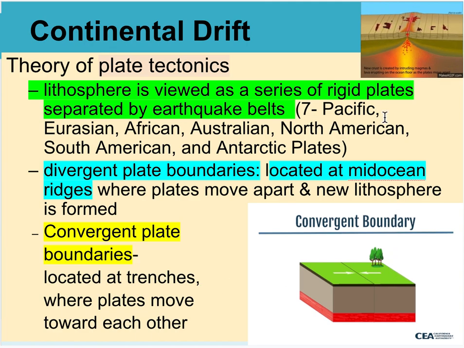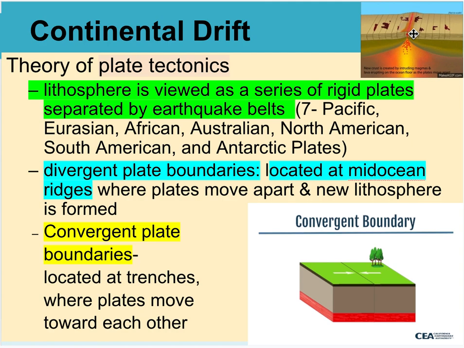Divergent plate boundaries are where two different plates are actually pushing apart and they're separate. And because they're going in opposite directions, something comes up from down below to fill in the space. So that's magma that comes in below.